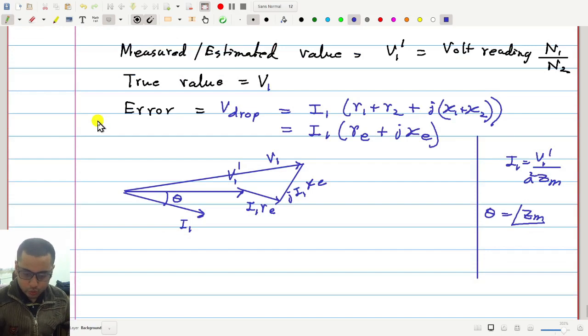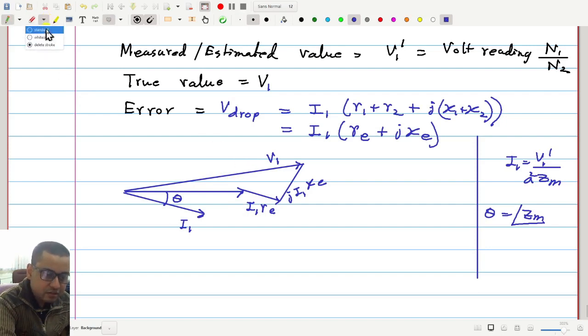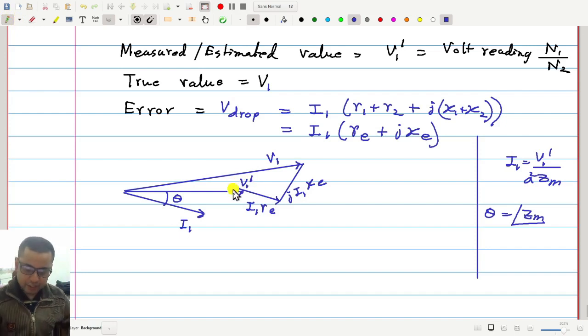So I am adding V1 prime with I1 Re plus J I1 Xe. So this is the final V1. This is the true value of the input voltage, and V1 prime is the measured value.